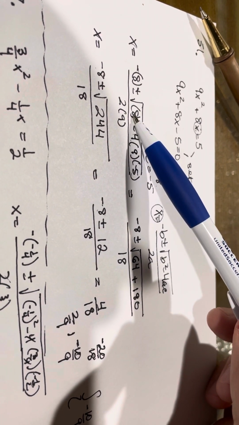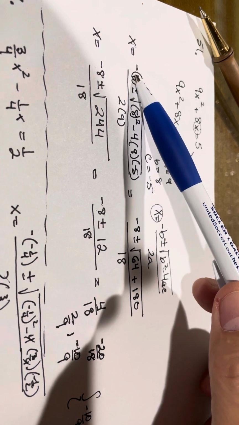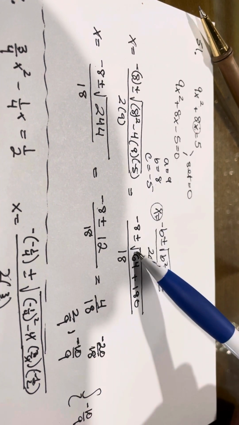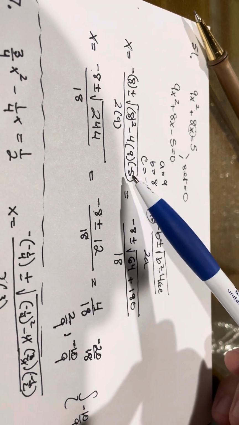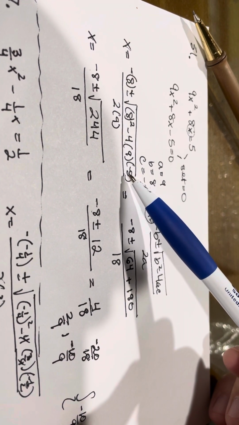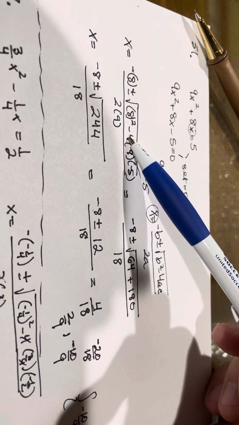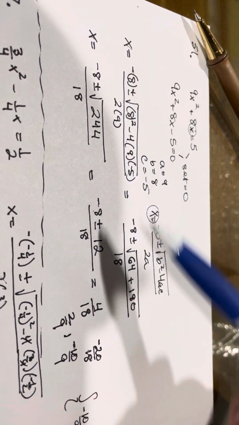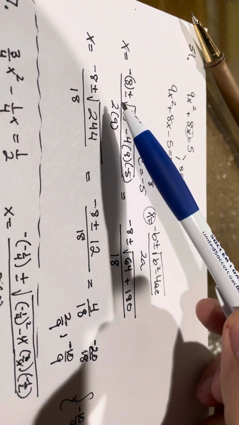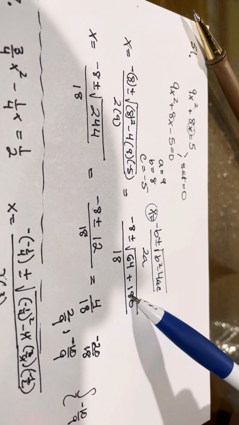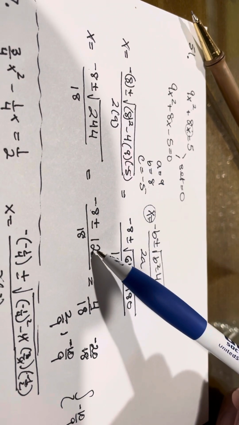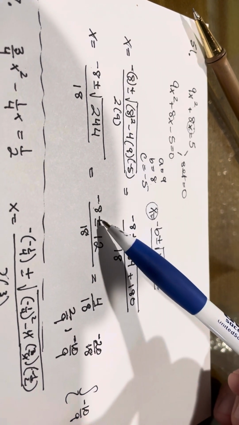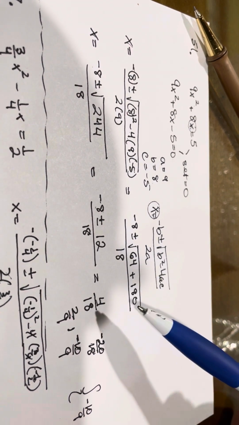So that's going to be 64. That 8 just becomes negative, so I have negative 8 plus or minus the square root of, there's my 64. Now, negative 5 times negative 4 is a positive 20. 20 times 9 is my 180. And then 2 times 9 is my 18. These add to 244, and the square root of 244 is 12. So I have negative 8 plus or minus 12 over 18.